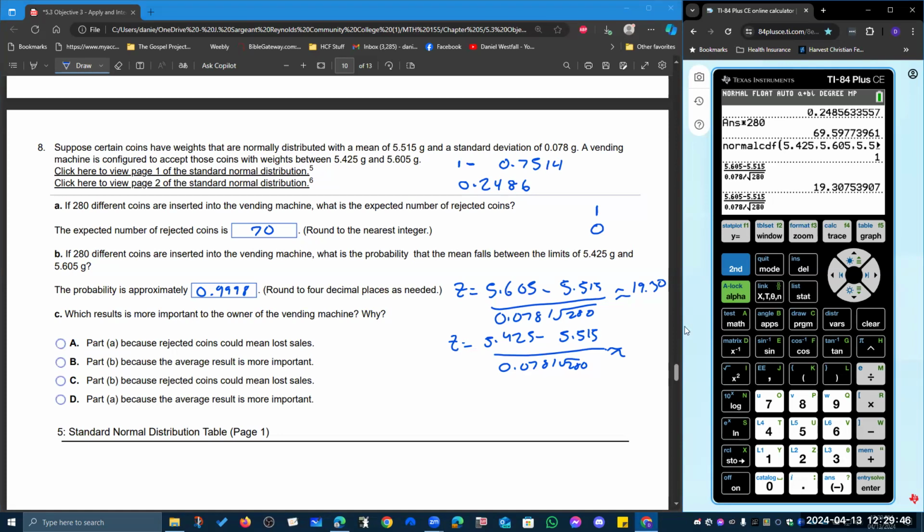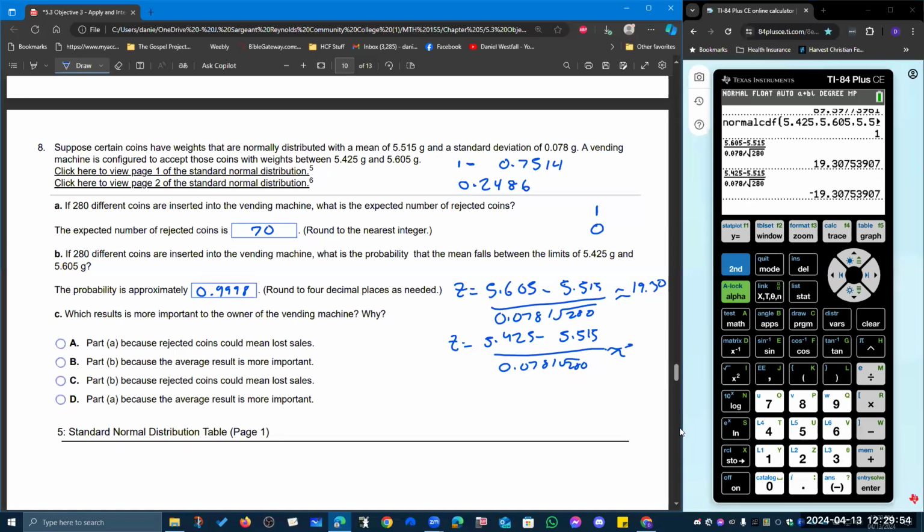So that's 5.425. And this is negative 19.3. This is 3.1. And how are they getting these numbers here? They're using their Z table, which again, well, they are telling us to use the Z table here.